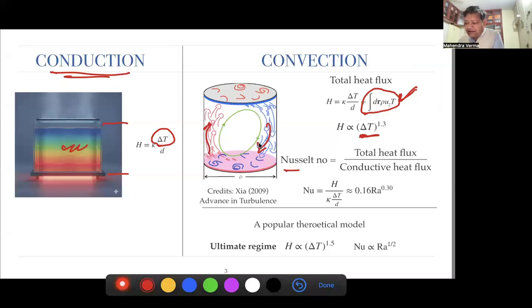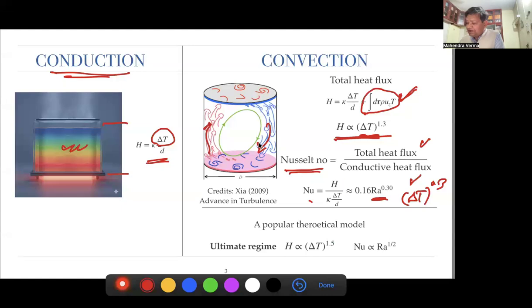In the literature we use a Nusselt number, which is a non-dimensional number signifying the total heat flux divided by the conductive heat flux. The ratio naturally is delta T to the power 0.3. And we define a new parameter called the Rayleigh number a bit later, which is proportional to delta T. So Nusselt number goes as Rayleigh to the power 0.3, as observed in experiments and simulations.